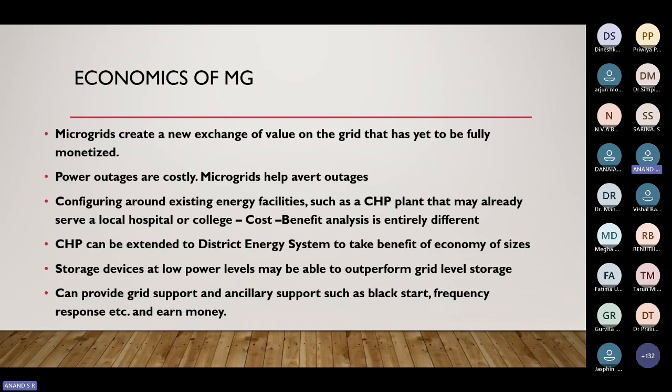If it is a combined heat and power requirement plant, then it can be, say, a hospital or a college. The cost benefit analysis is entirely different compared to the consumption in an apartment complex, because we have daytime load available in a hospital or in a college.